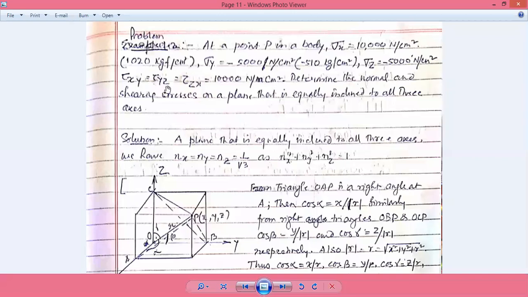And all of tau xy, tau yz, tau zx are equal to 10,000 Newton per centimeter square.